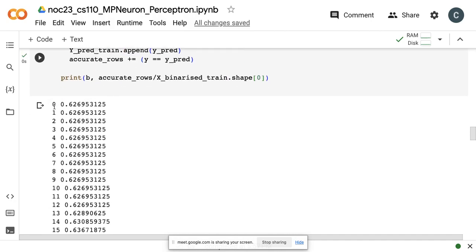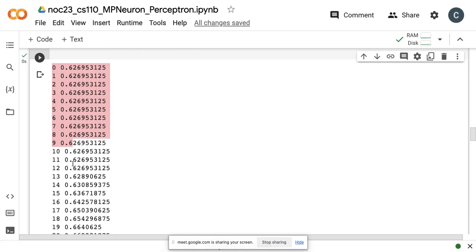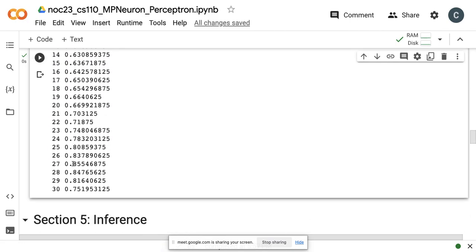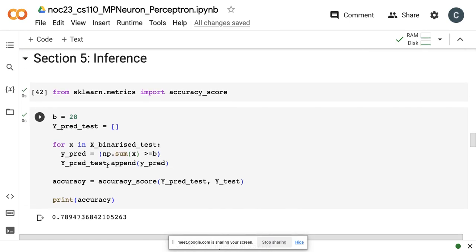So for each threshold we found the accuracy of the MP neuron model, and we found that for threshold b equal to 27 we got the highest accuracy as of now, 0.855. Now once you get this, the next step is inference, basically evaluation. How do you evaluate whether the model is good or not?